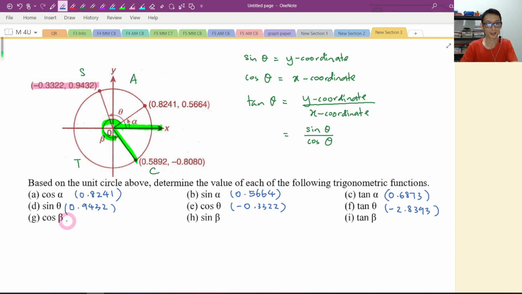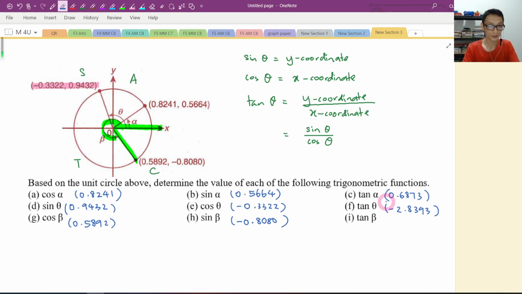Okay, cosine beta, cosine is x coordinate, which is equal to 0.5892. Sine beta, y coordinate, negative 0.8080. Tangent beta, y coordinate divided by x coordinate.